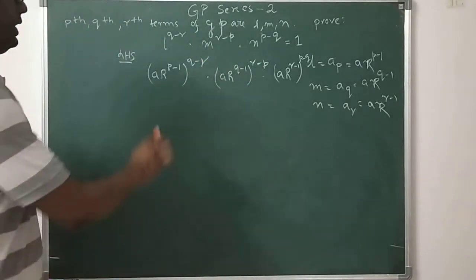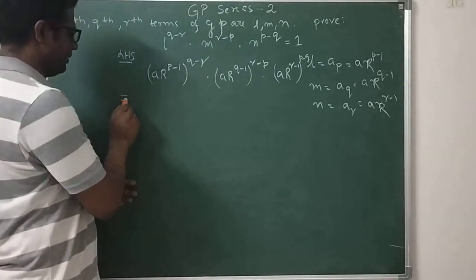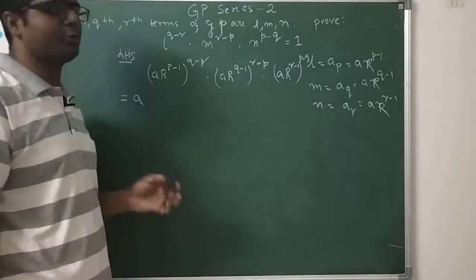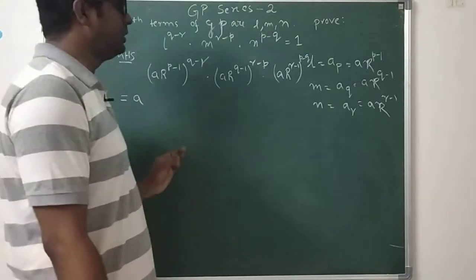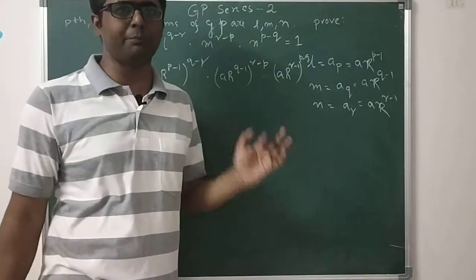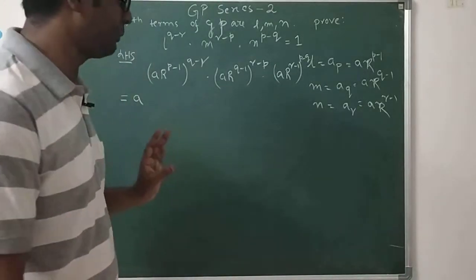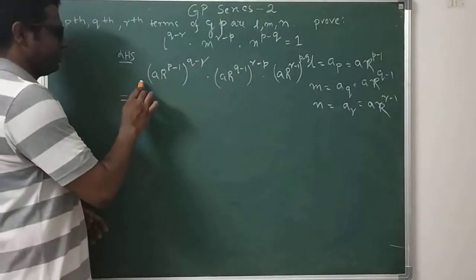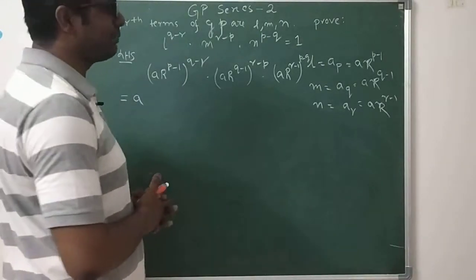Now, let us segregate the A terms and the R terms separately. This is a simple exponent problem. Somebody who is having pain doing this problem must not have taken the pain in class 9th and 8th doing the exponent part. It doesn't take much time to brush up your indices part.